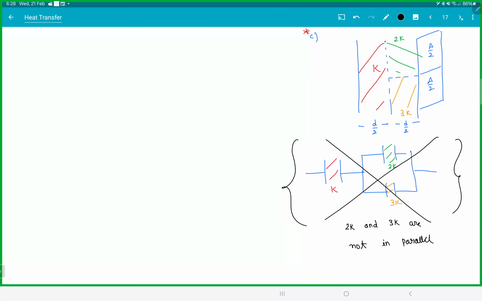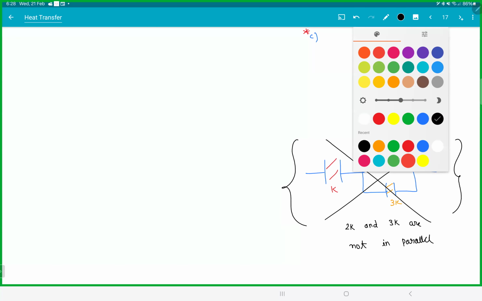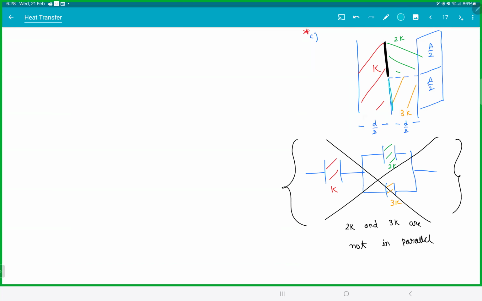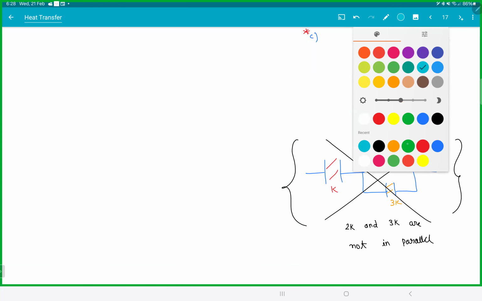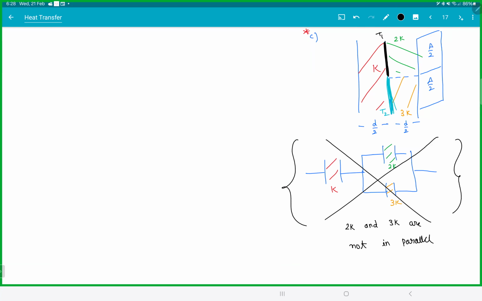If the upper half and the lower half are not identical, that means at this interface and this interface, do you think they'll have the same temperature? So this will have some temperature T2. This will have some temperature T1. Since upper half and the lower half are not identical, the temperatures at the interface are not the same.